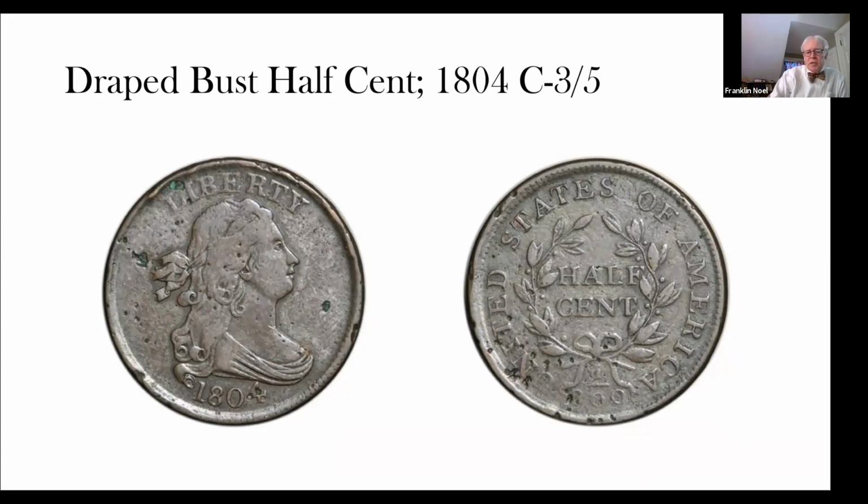In the first edition of his half-cent book, Cohen had called this die marriage of the equidistant 1 reverse with the unblemished obverse C3.